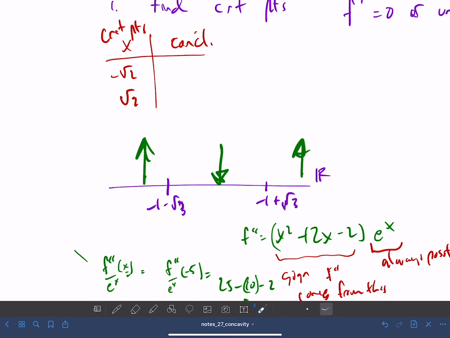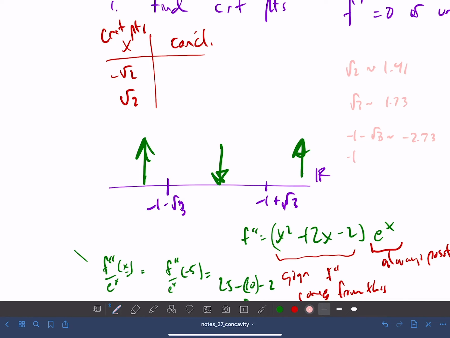So all that remains is I need to place minus root 2 and root 2 in context here. Let's remind ourselves that root 2 is about 1.41 and root 3 is about 1.73. So negative 1 minus root 3 is about minus 2.73.